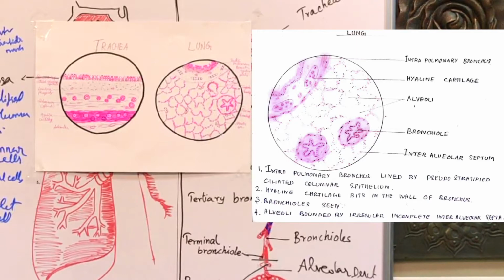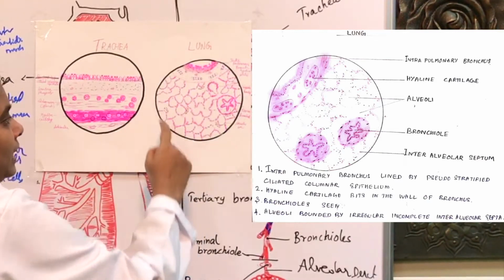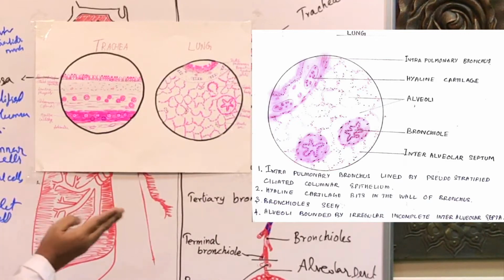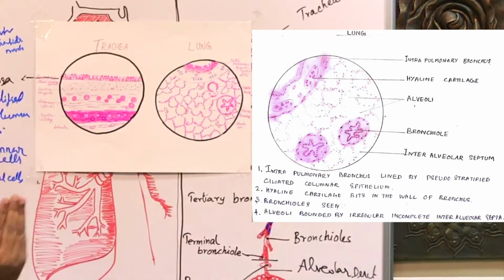So cartilage is absent. Then the pseudostratified ciliated columnar epithelium changes into simple columnar epithelium with a few ciliated cells.